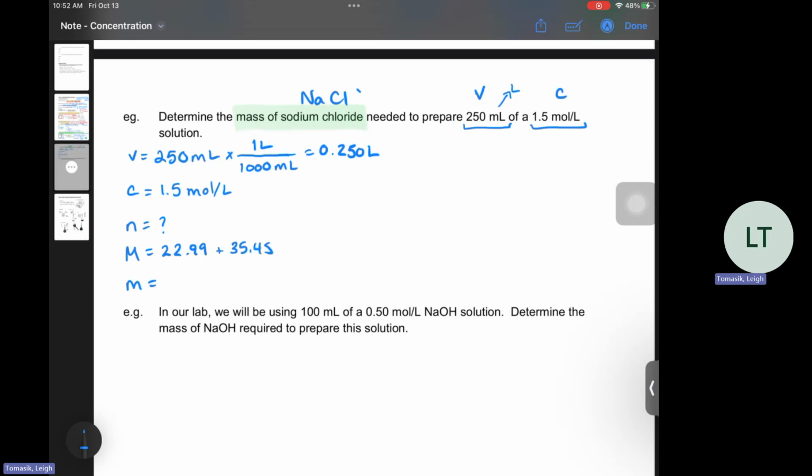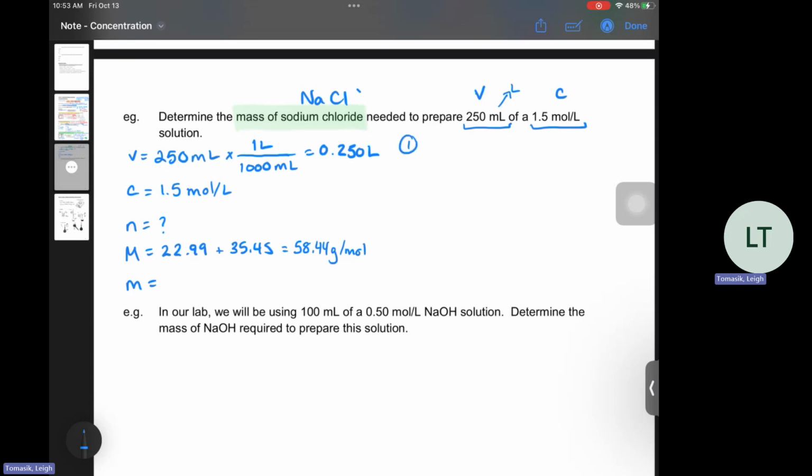We're looking these things up on the periodic table. 22.99 plus 35.45 gives me 58.44 grams per mole.